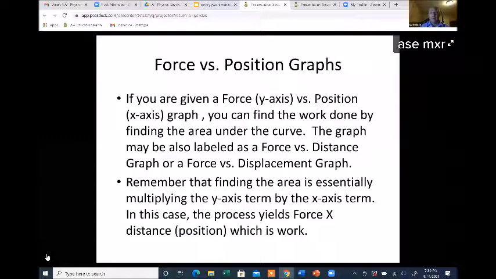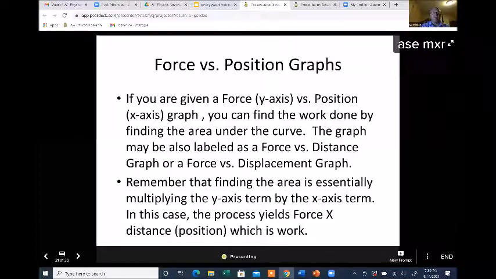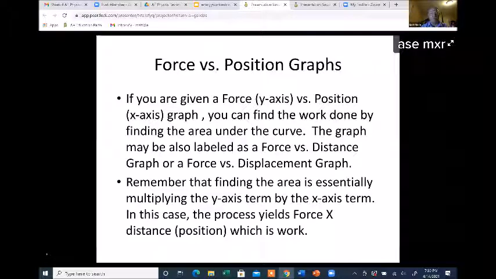Because when you're calculating the area under the curve, essentially you're multiplying whatever's on the y-axis by whatever's on the x-axis, so in this case, force times distance. The graph may be labeled force versus distance, or sometimes force versus displacement. With any of those graphs, you can find work by calculating the area under the curve.